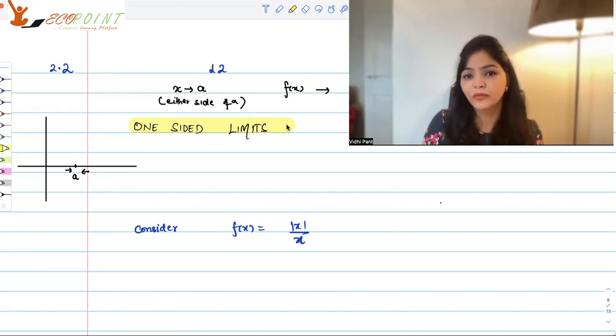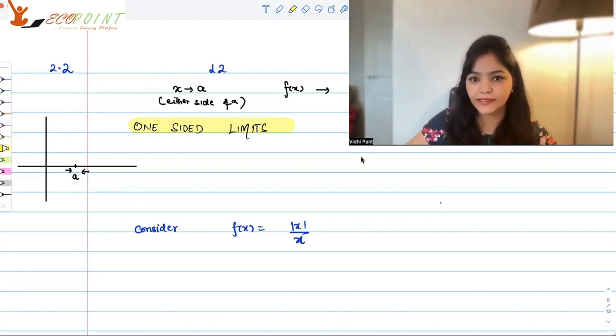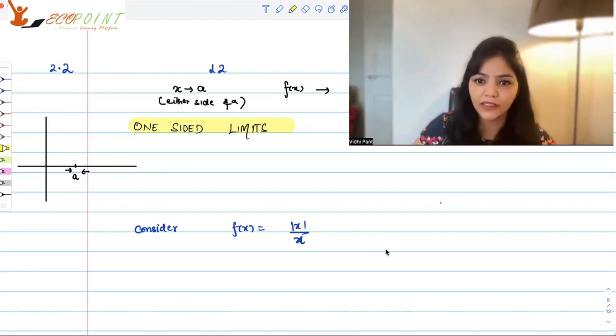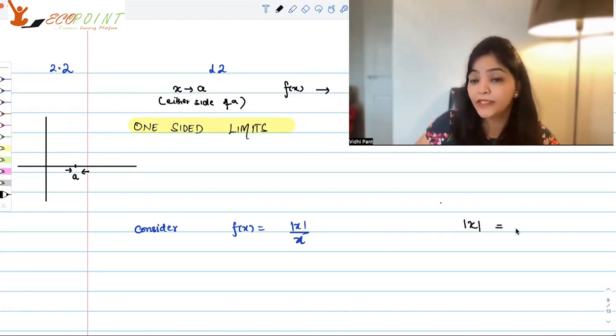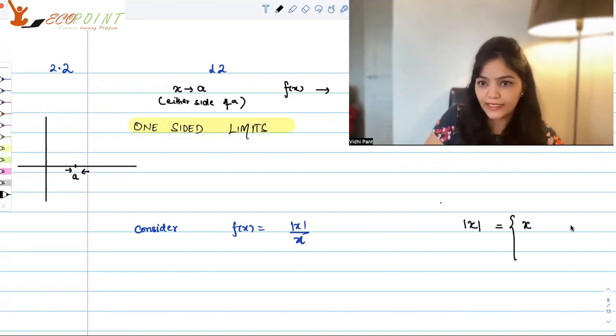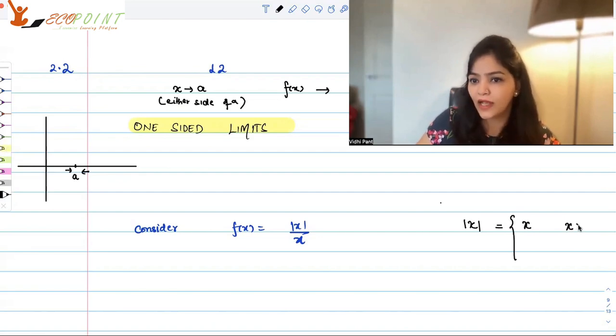f(x) equals modulus of x upon x. If this is the function that we are considering, knowing that modulus x has a particular behavior, its absolute value of x, we've spoken about this before, which behaves like whatever is inside these two bars, that is the absolute value of x, x as it is comes out when x is greater than or equal to 0, and minus of x comes out when x is less than 0.